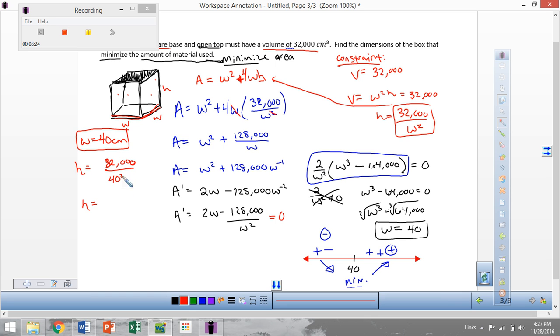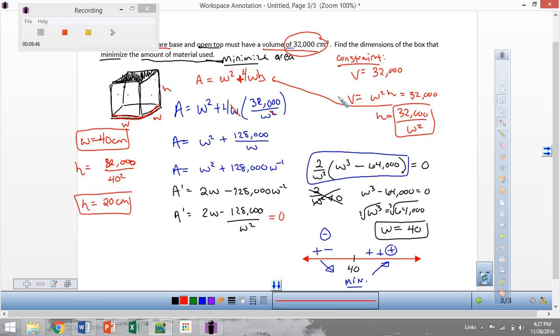And if I do 32,000 divided by 40 squared, I get 20 centimeters. So a box that's 40 on the bottom, 40 centimeters across and deep, and 20 centimeters high, will be a square box with an open top with a minimized surface area that still holds a volume of 32,000 cubic centimeters.